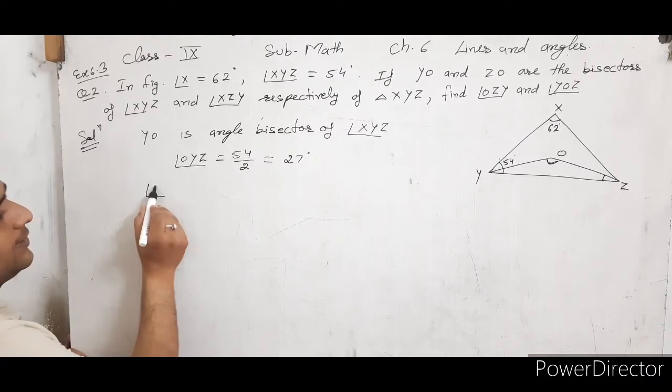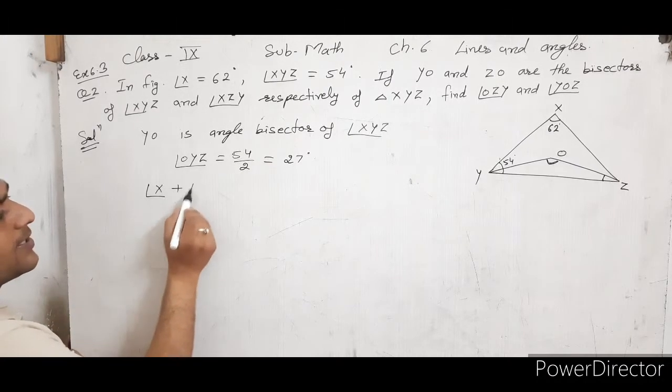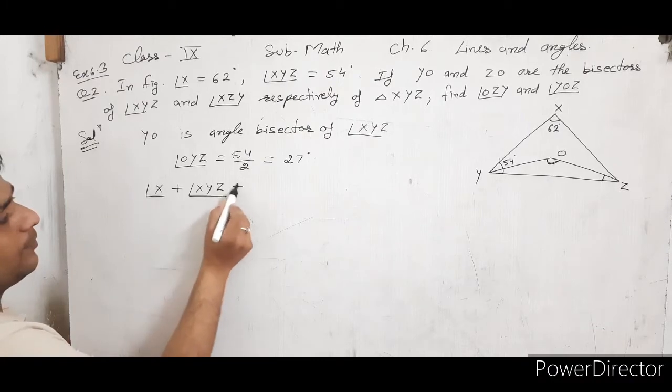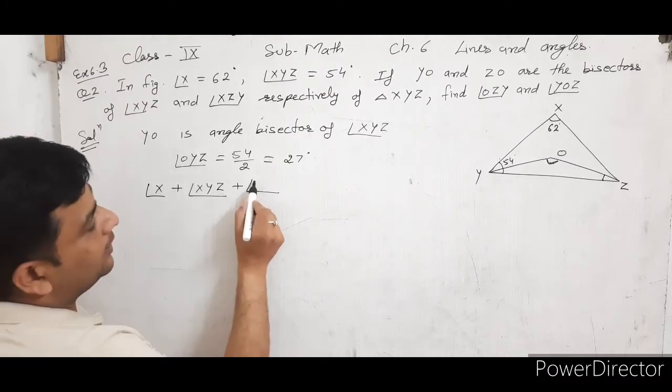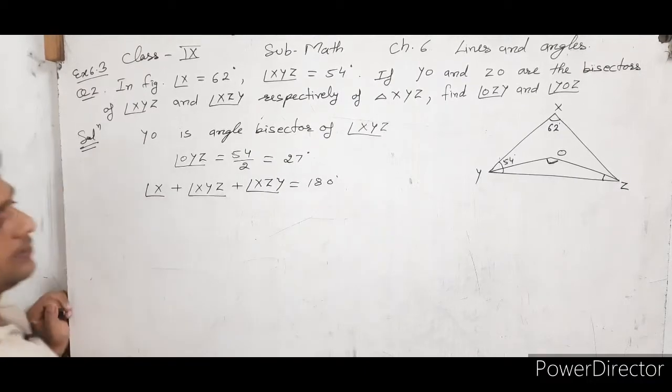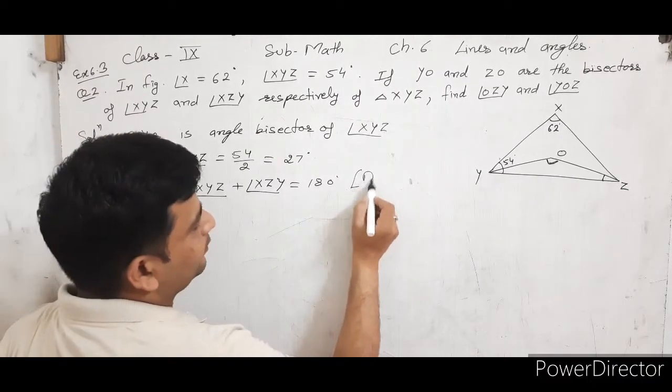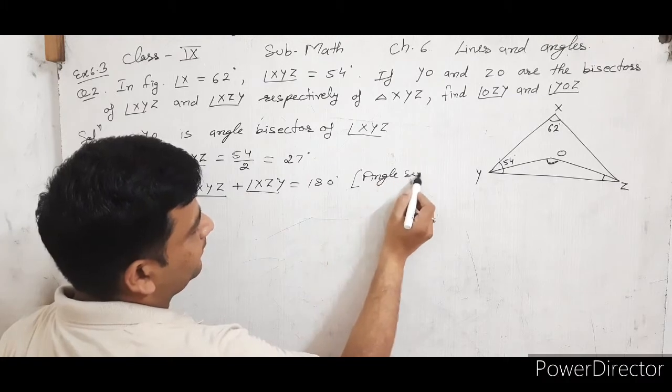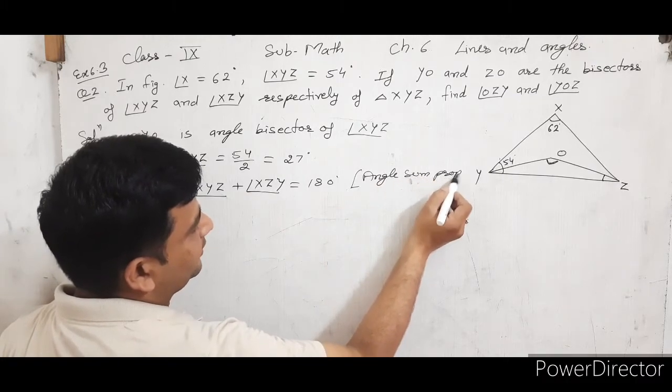Angle X plus angle XYZ plus angle XZY equals 180 degrees, angle sum property of a triangle.